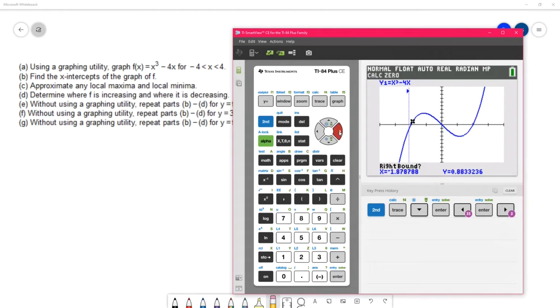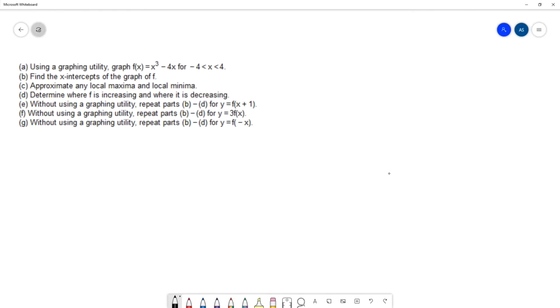I'll move the cursor to the right of that zero and hit enter. And then it says to guess. And we've got a guess there. And then it tells me the actual zero or x-intercept. So we have an x-intercept at negative 2. I'm going to write that down over here. So we have an x-intercept at negative 2.